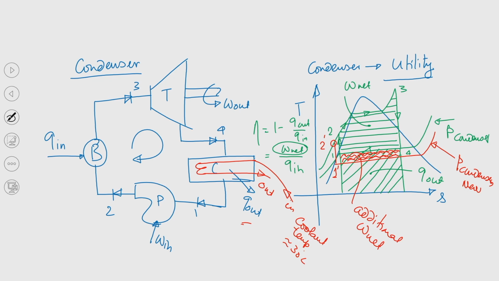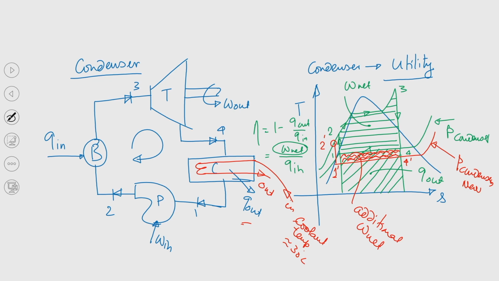So, if we maintain the coolant temperature at 30 degree Celsius, we can ensure that the heat transfer will be due to finite temperature difference. So, steam temperature will be relatively higher. If I allow steam to expand up to this 4 prime, that means I am allowing steam to expand further and further, so that the steam temperature at the exit of the turbine will be 35 degree Celsius.